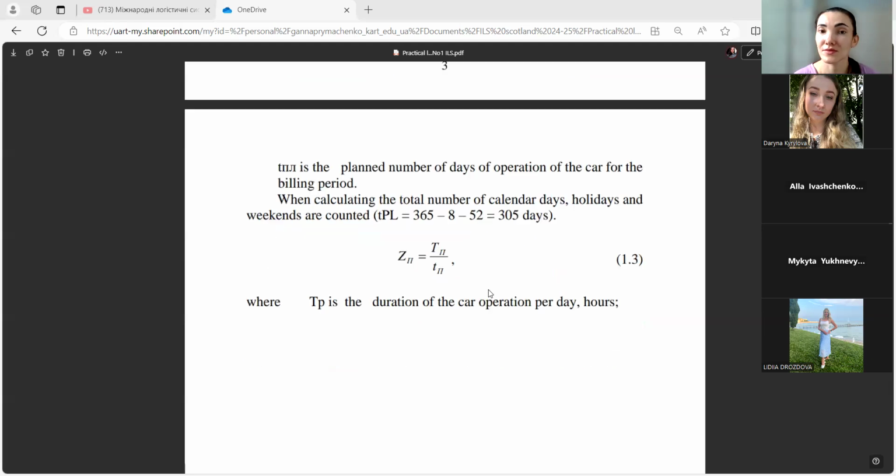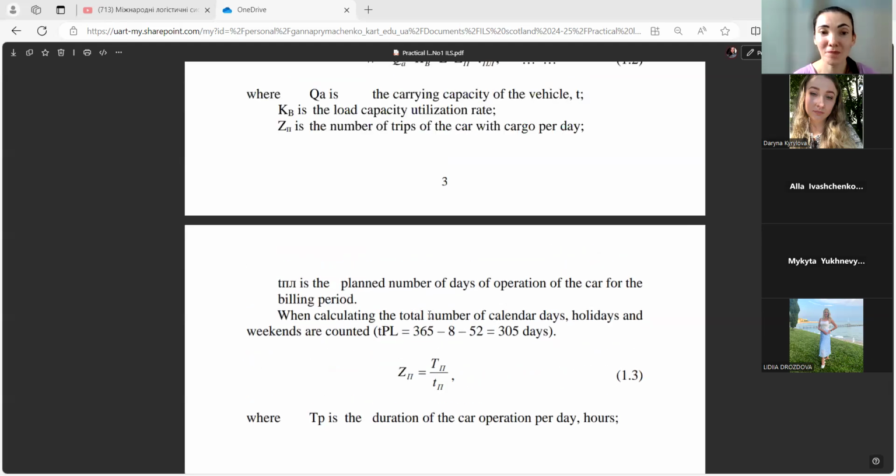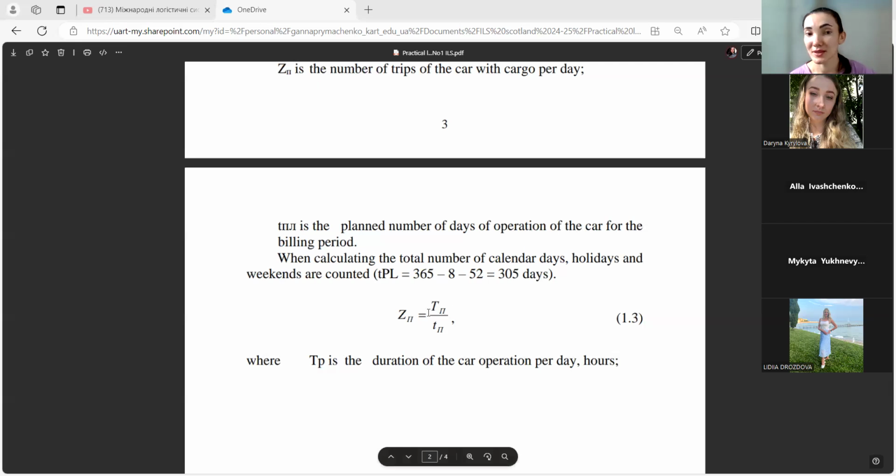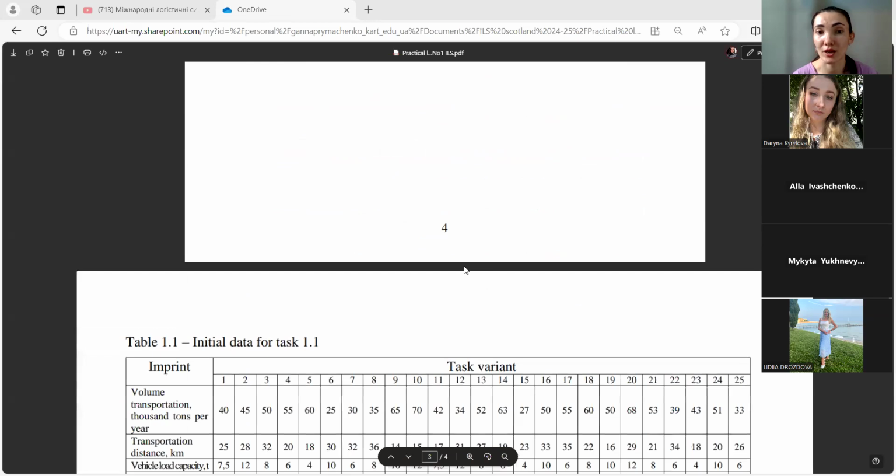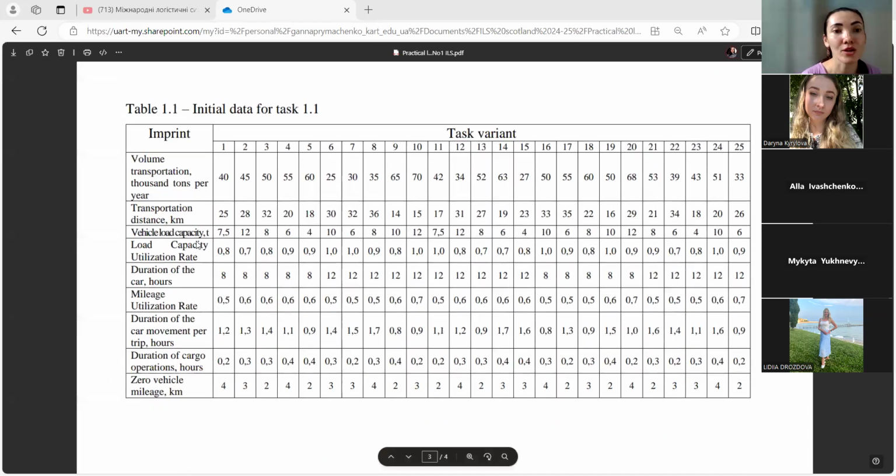Repeat, please. Okay, T big is the duration of the car operation per day. It is only one day. For example, today a car company can work near 8 or 12 hours. We can look it in our table 1, and it is about duration of the car.